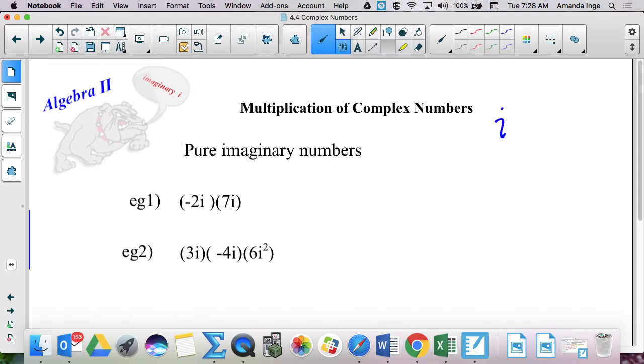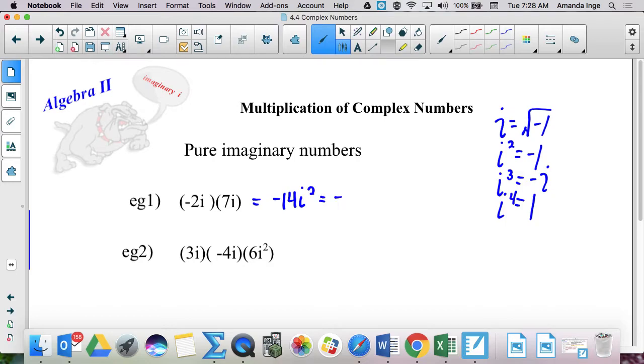You also need to remember that i is equal to the square root of negative 1, that i squared is equal to negative 1, that i cubed is equal to negative i, and i to the 4th is equal to 1. So if you multiply these together, we get negative 14i squared. Once again, i squared is equal to negative 1. The answer here is 14.